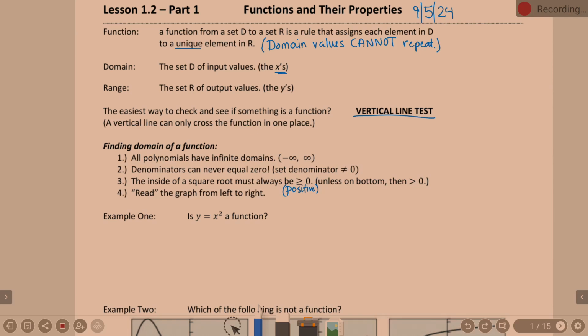So, before we get to domain, which is down on example 3 though, let's talk about whether a couple of these are functions. Is y equals x squared a function? Yes. Okay, what's your reasoning?